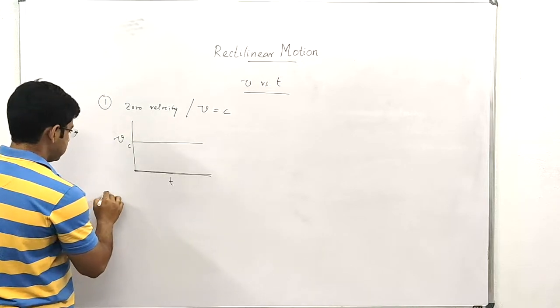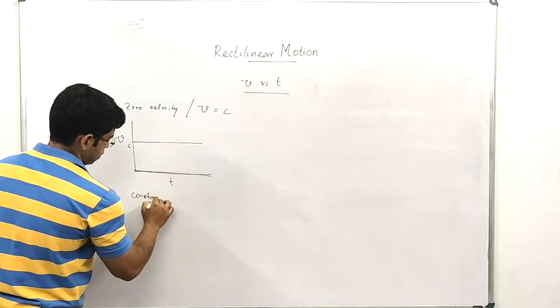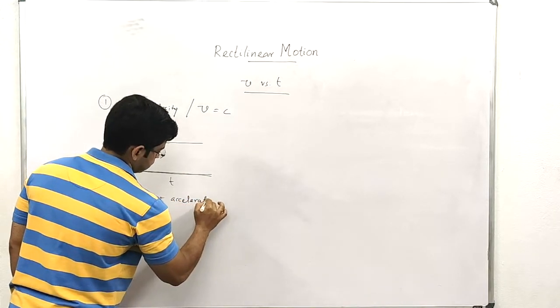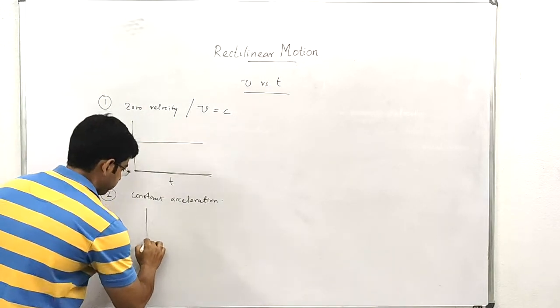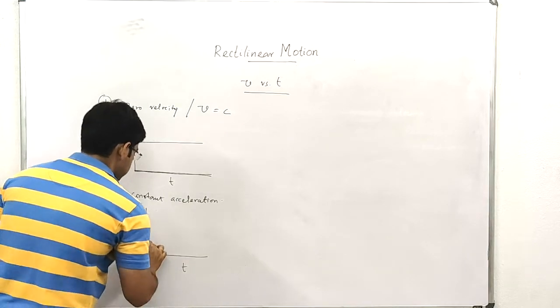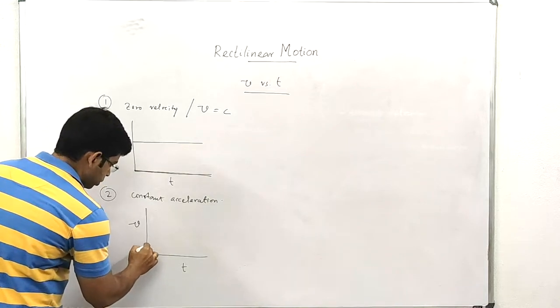The second case is constant acceleration. In this case, the v versus t curve will be similar to as before in case of s versus t curve with constant velocity.